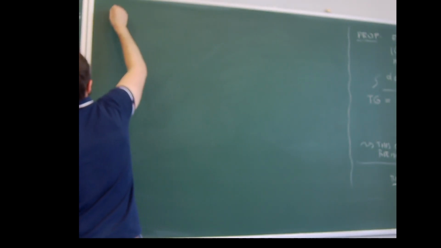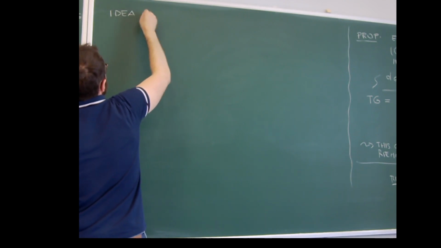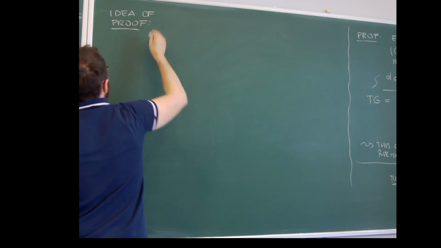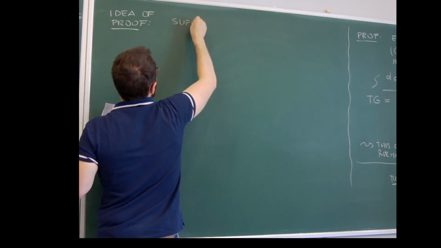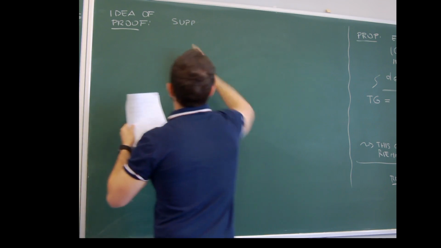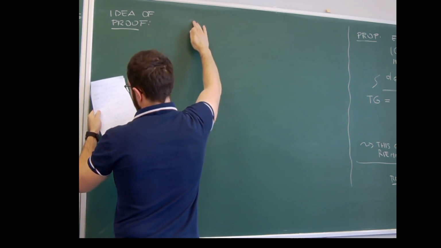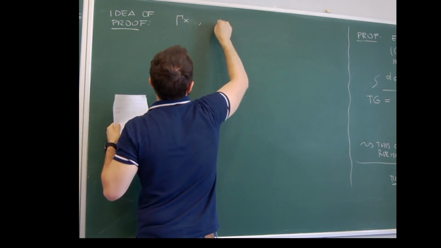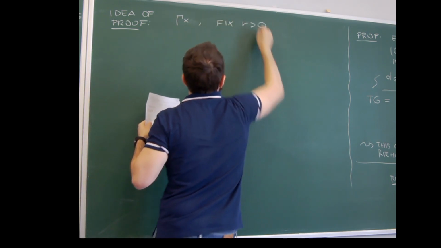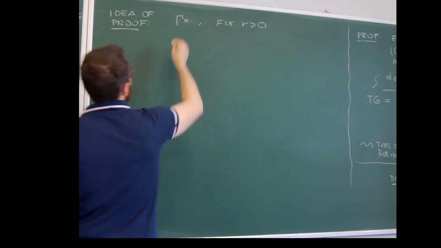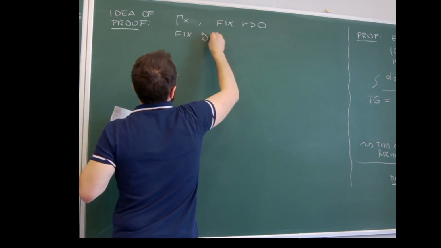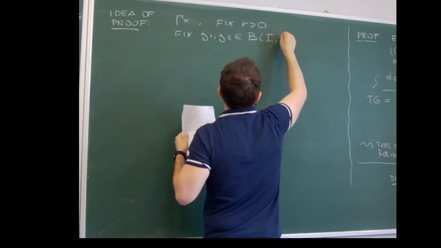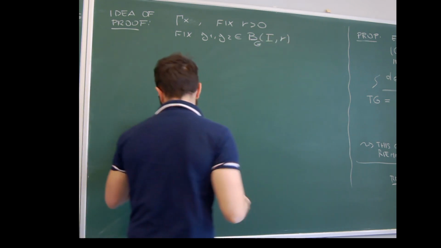Okay, good. So, idea of proof. Suppose you start with your point gamma x and fix a radius r positive, and fix also g1 and g2 in the ball of radius r around the identity in G. Okay?